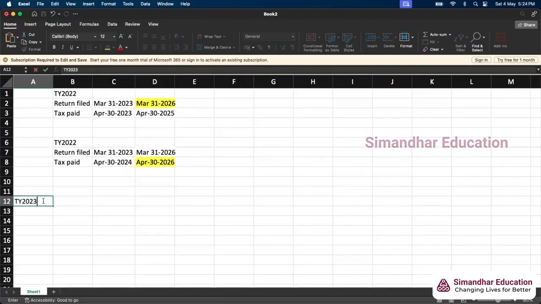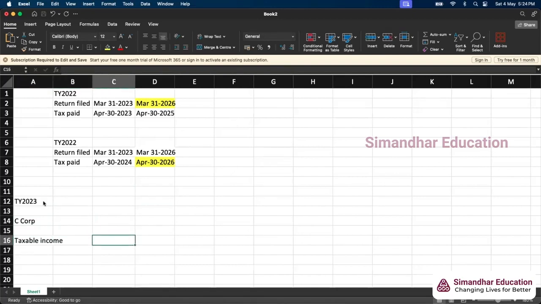So say for tax year 23, the C corp generated taxable income of 500,000, and we said the tax rate is 21%, right? So what would be the tax liability for the C corporation? It would be 500,000 into 21%. So this is the first tax that the C corp would pay at 21% rate, 105,000.